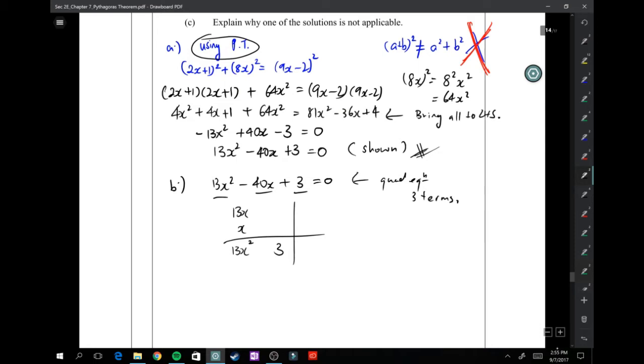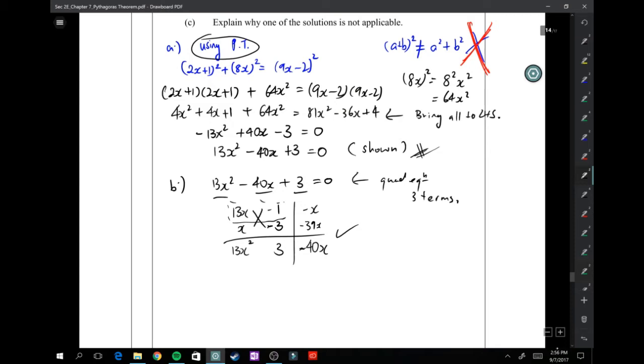This is minus 40x, so we have 3 here and 1 here. Remember this is minus, so probably this is minus also. So I have minus 39x here and minus x here, which is minus 40x. So this is correct.